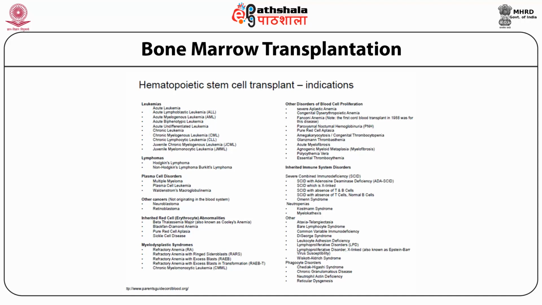There are many applications of these particular stem cells, especially in leukemias, plasma cell disorders, lymphomas, some inherited diseases, and some inherited immune system disorders also. So these are the stem cells which are being utilized for various treatments.